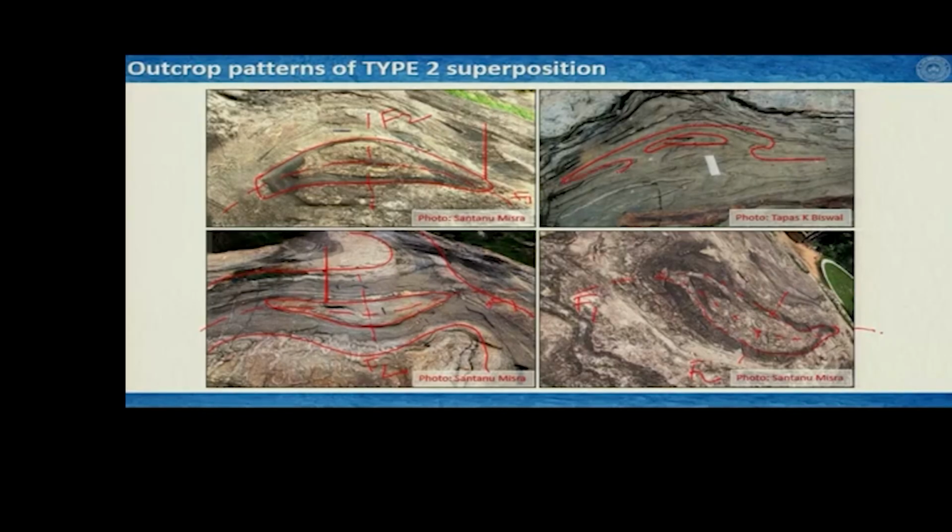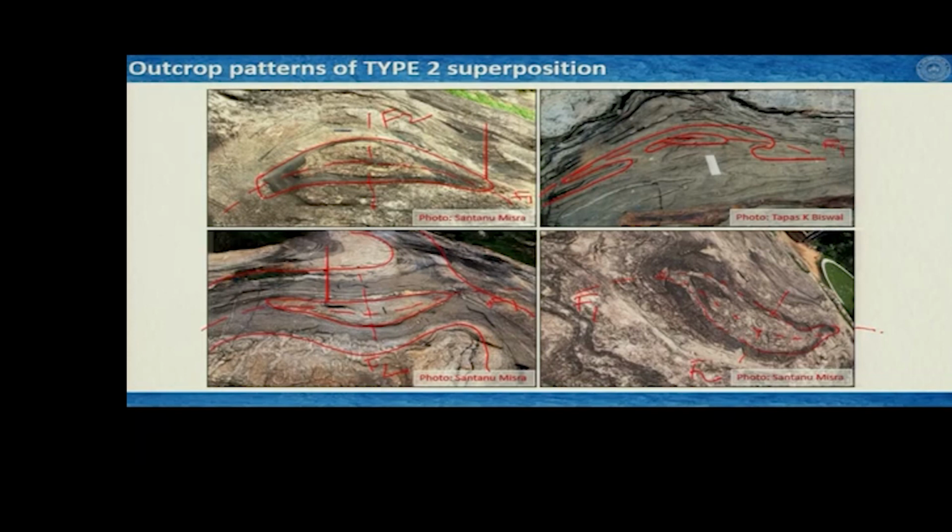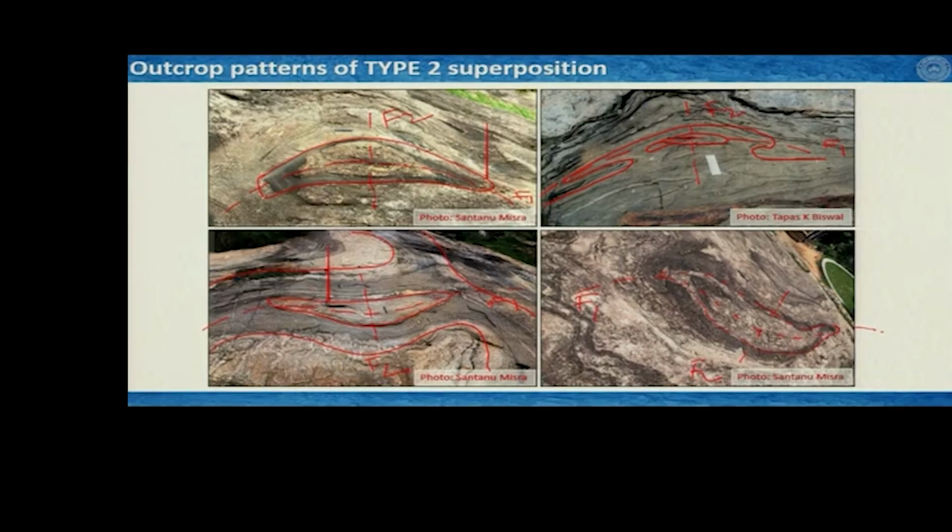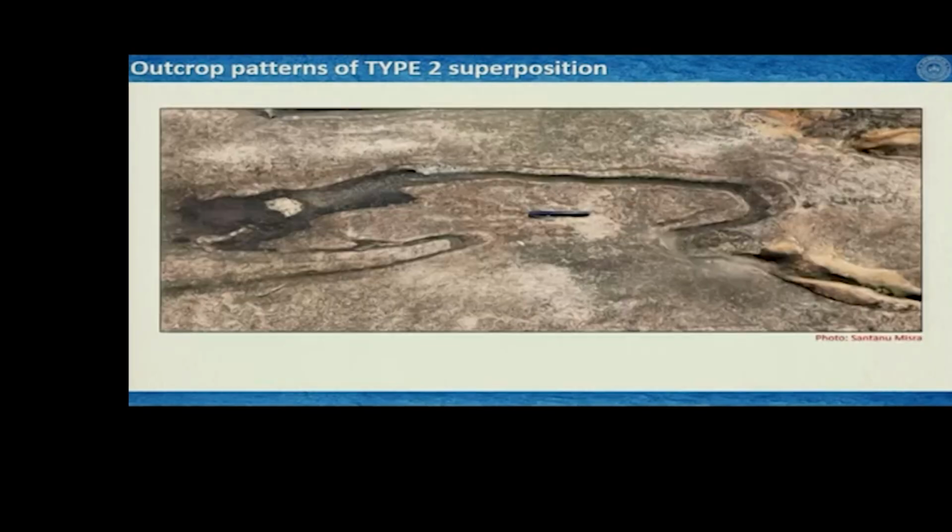So, the best is if you do a geometric analysis and you figure it out. So, again you see this is your F1 and this is how it got this entire fold that you see here. This is because of the second deformation and the trace of the F2 going on along this side.